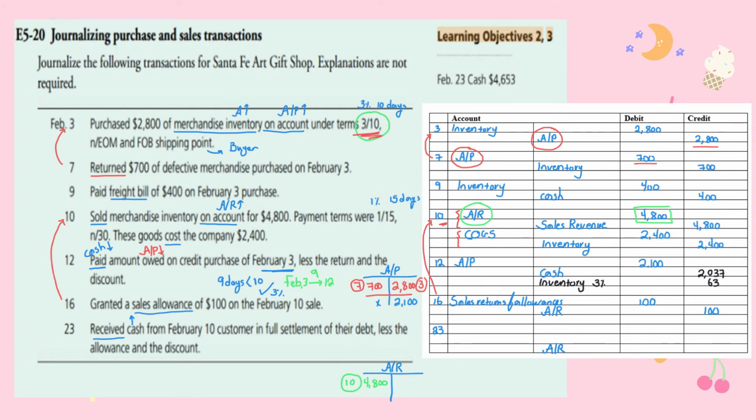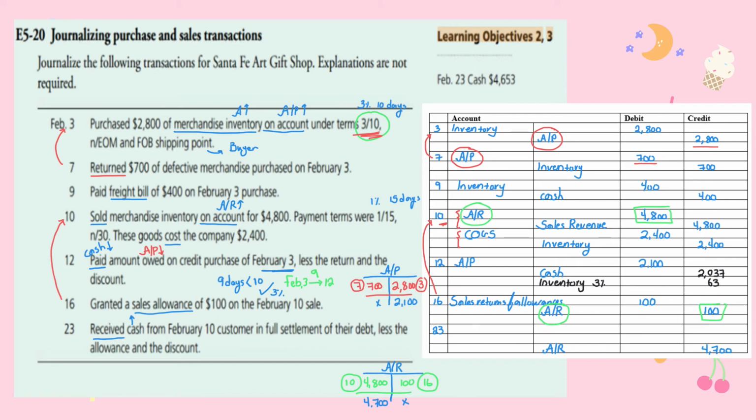Now on 16th, accounts receivable has decreased on the credit side by 100 from 16th. So what's the balance that I need to receive from this customer? It's 4,700. I will receive cash, so I want to make this balance equal to 0, so I need to decrease it. So accounts receivable will be in the credit side by 4,700.